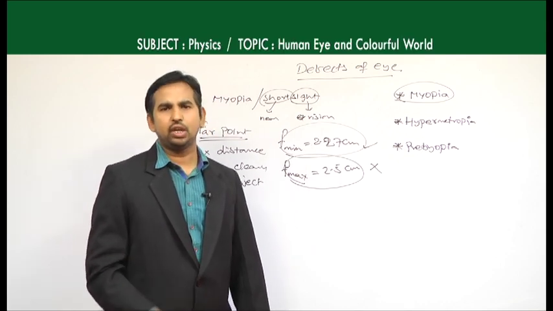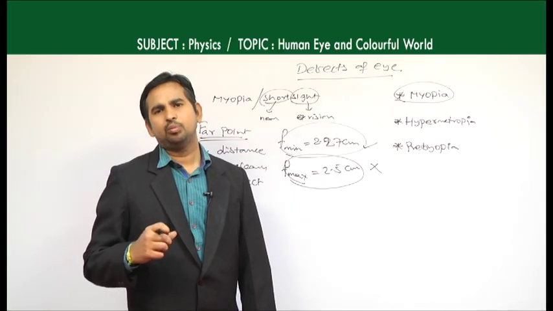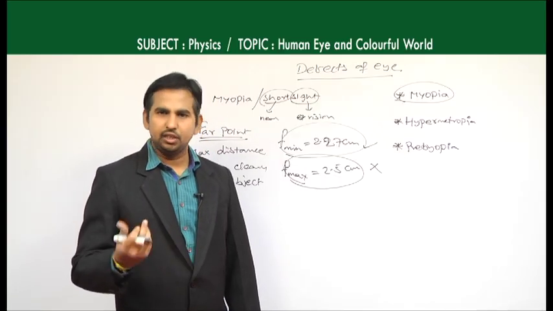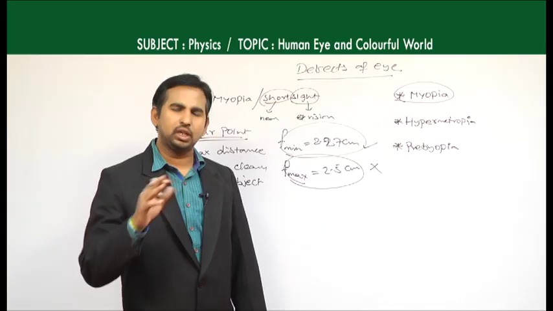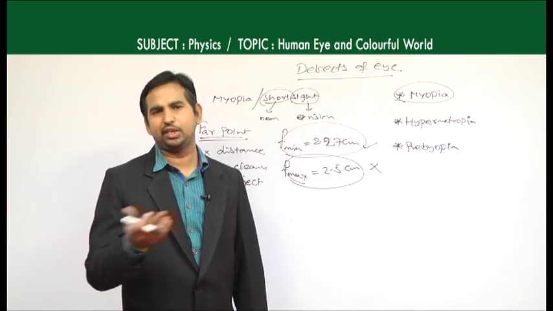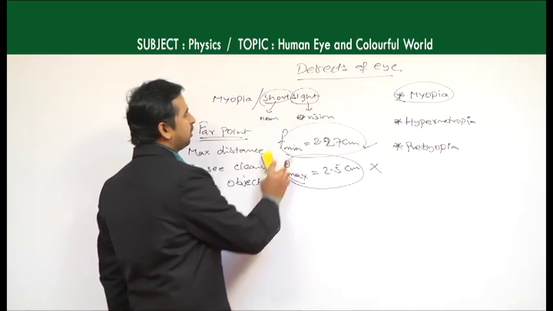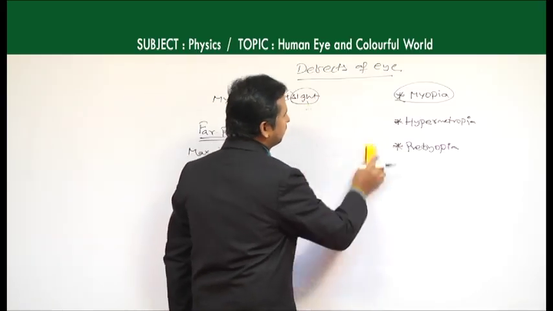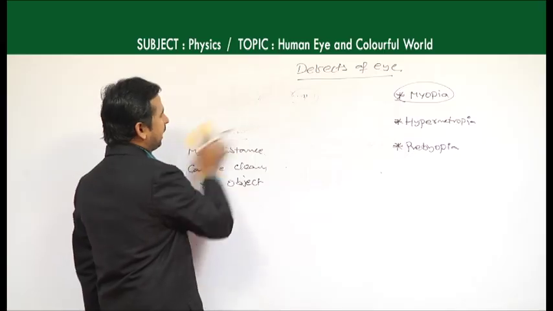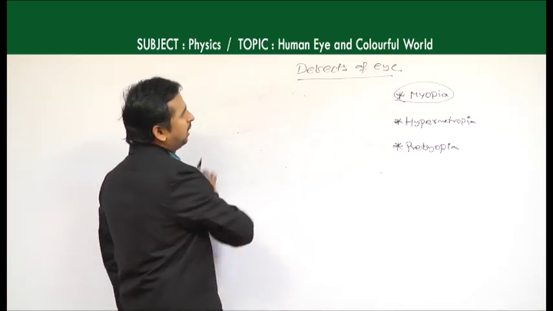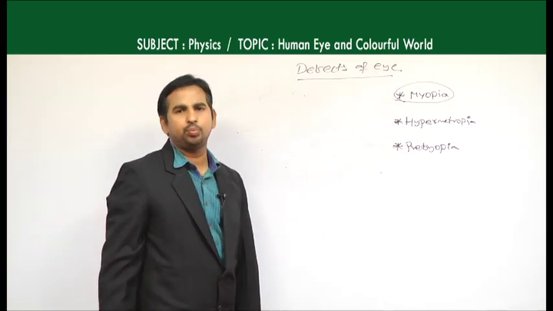When an object is placed before the concave lens, it forms an image that is virtual and erect, and very near to the lens. So we can see the object very clearly when it is very close to our eye lens. That way we can cure this myopia defect.